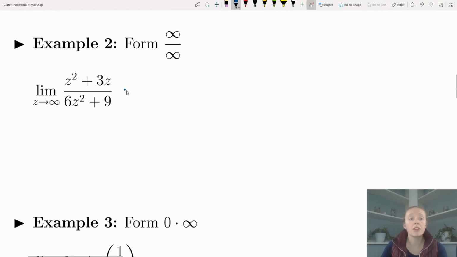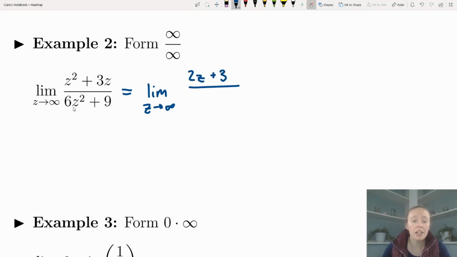So applying L'Hopital's rule to this, I'll just take the derivative of my numerator over the derivative of my denominator. I'm going to take the limit as z approaches infinity of the derivative of my numerator, which is going to be 2z plus 3, and the derivative of my denominator is going to be 12z.